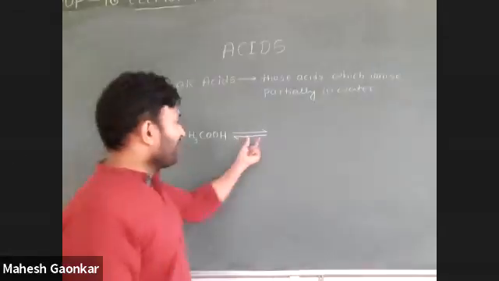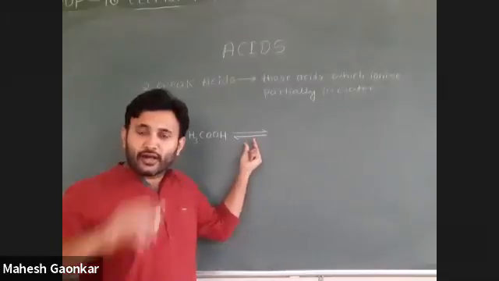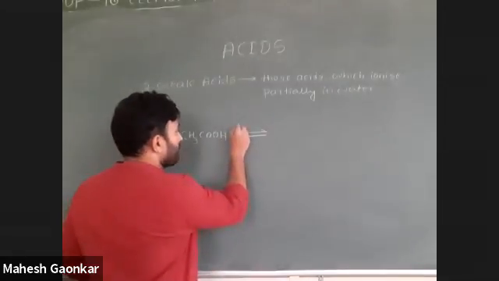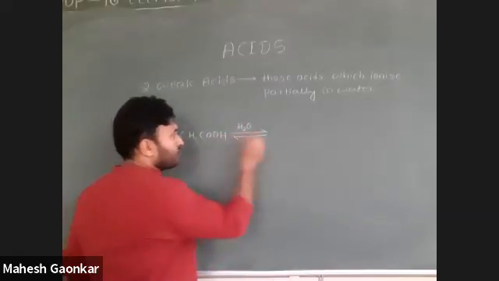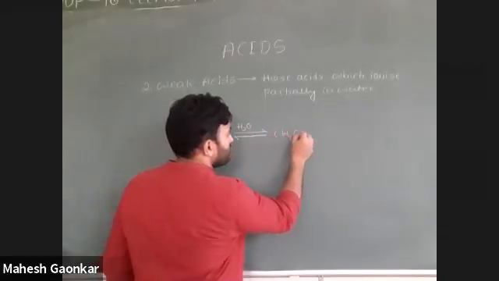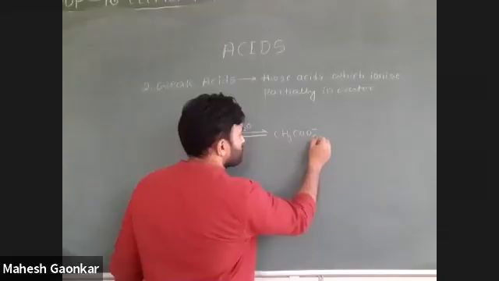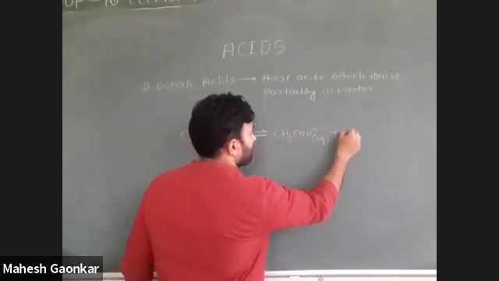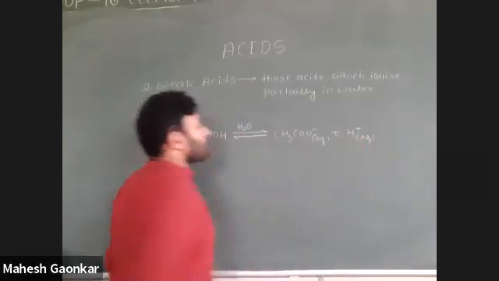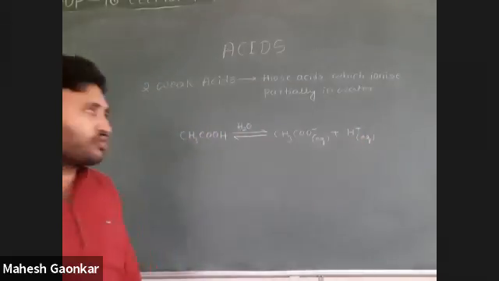If we represent like this, then it indicates it ionizes partially. So when acetic acid is dissolved in water, it ionizes partially into CH3COO minus plus H plus.